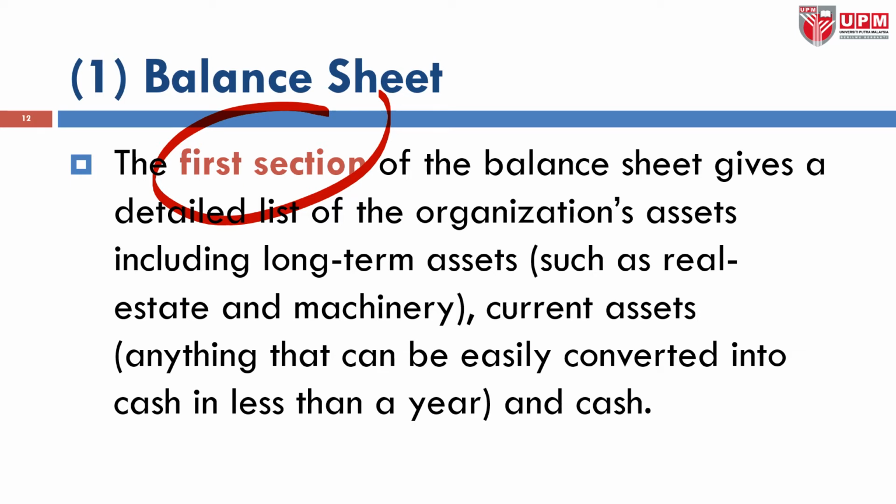In certain organizations, they define assets as items worth 3,000 ringgit and above. Below 3,000 ringgit, we consider the item as inventory.